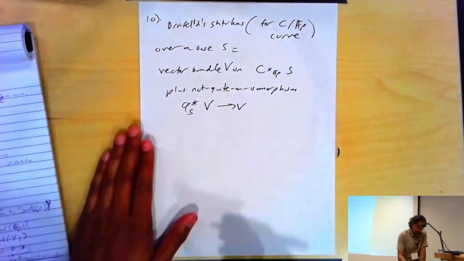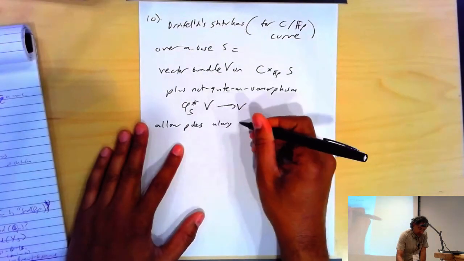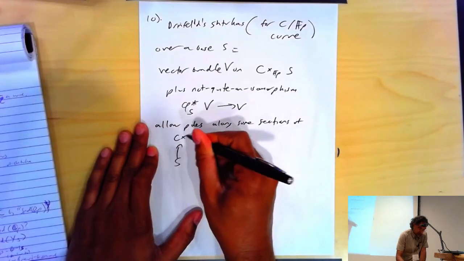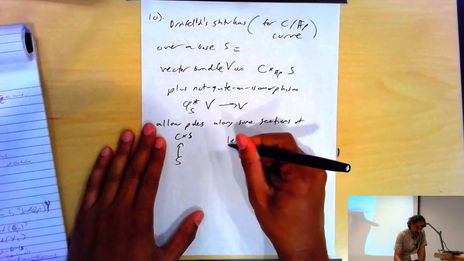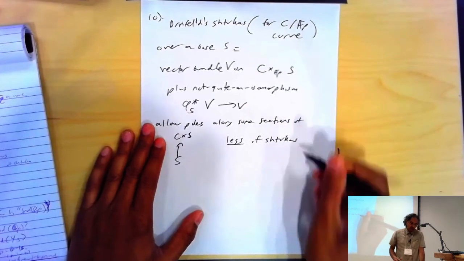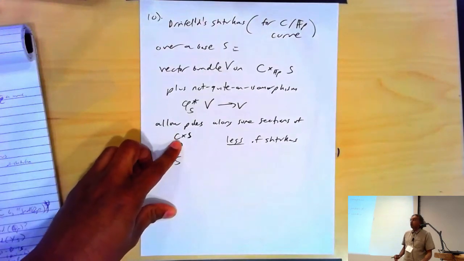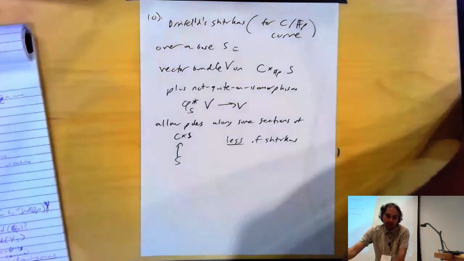What I mean by not quite an isomorphism is that I allow poles along some sections of this projection, which are called the legs of the shtuka. Technically, a section is the graph of some map from S to C, and maybe you call that the leg. But anyway, you have this surface, and you have this Frobenius on one side, which is not quite an isomorphism.